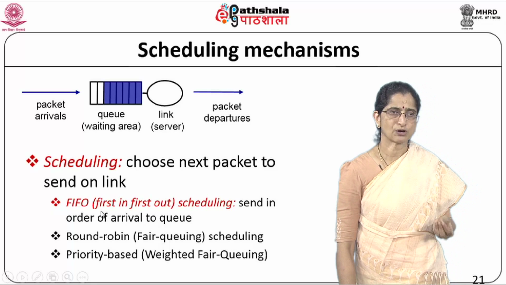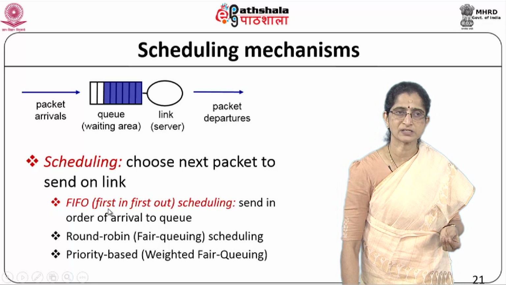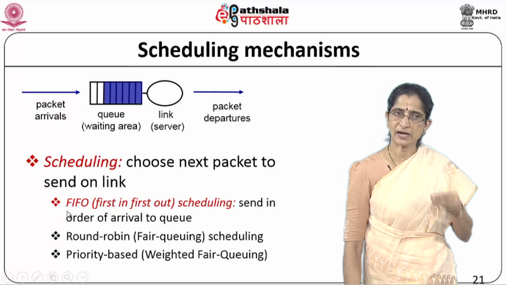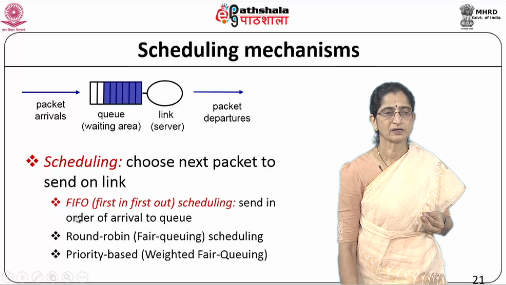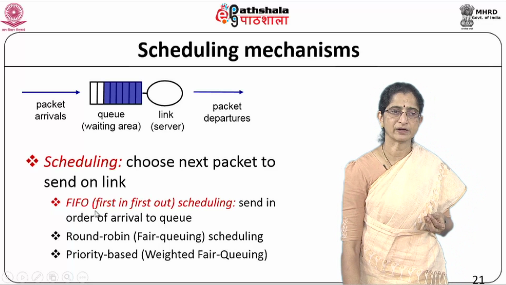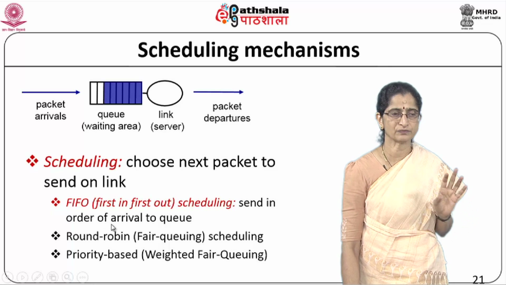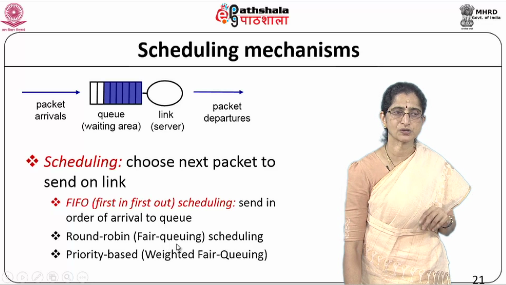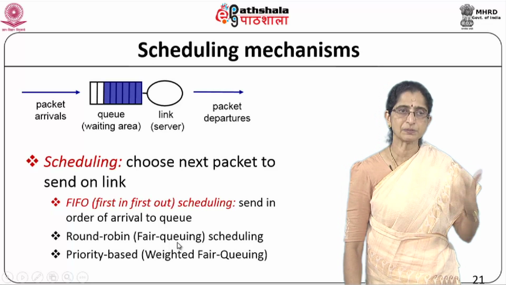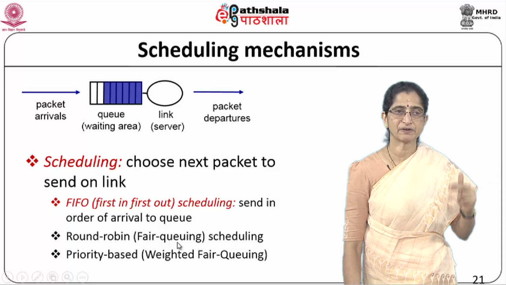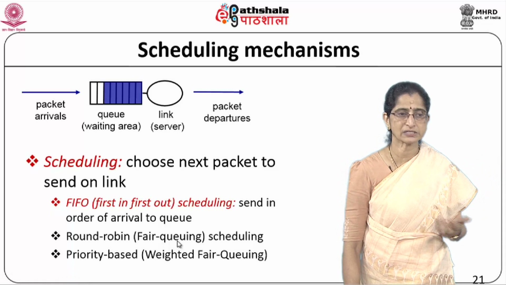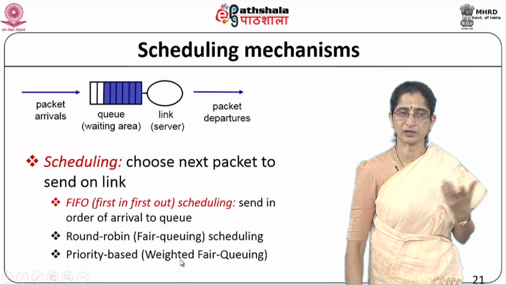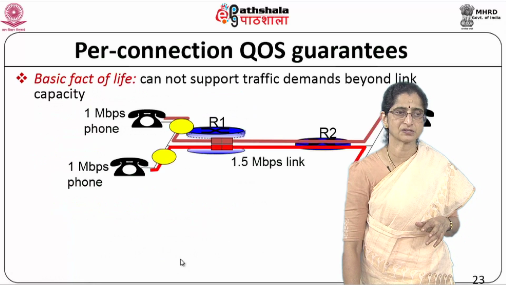As we talk about scheduling even in the context of OS, similar scheduling techniques are used here, but with some variations to handle network-related issues. First in first out is one technique: just send data in the order of their arrival to the queue. Or you could have round robin or fair queuing. In round robin, different flows are classified into multiple queues, and you pick up data from the different queues and send them out. You can also have priority-based scheduling, weighted fair queuing, and so on.